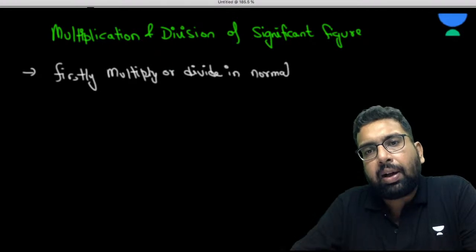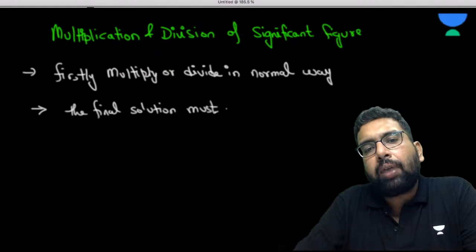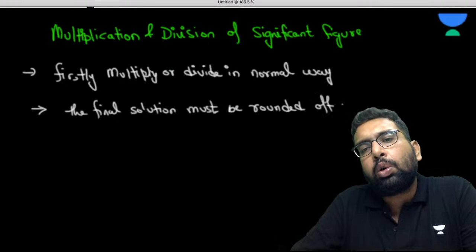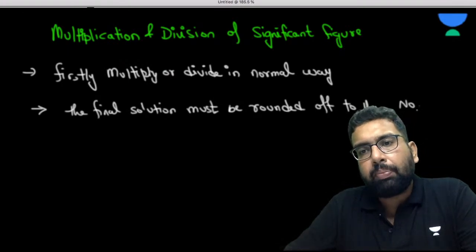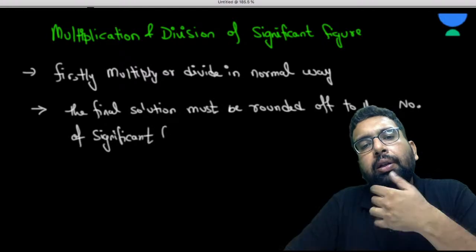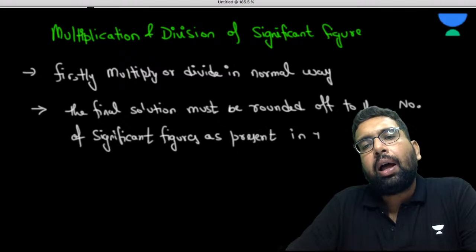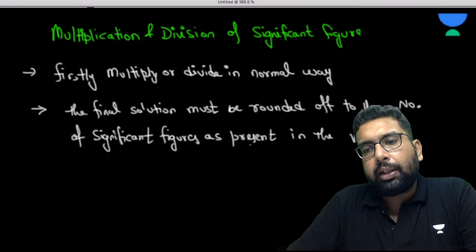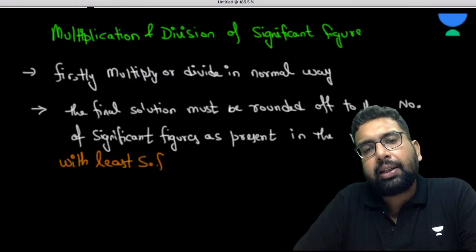Secondly, the final solution must be rounded off to the number of significant figures as present in the value with the least significant figures. Do remember this.